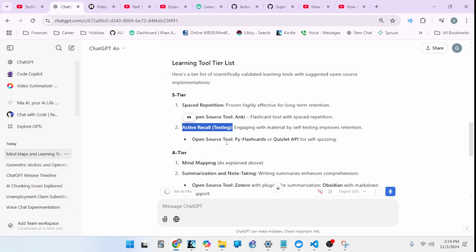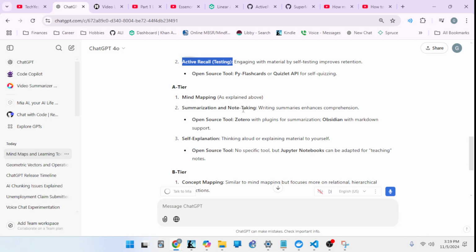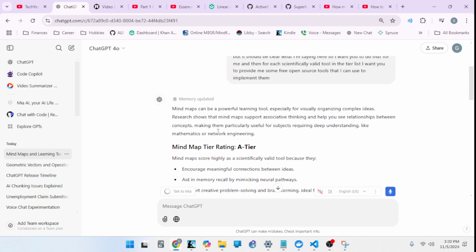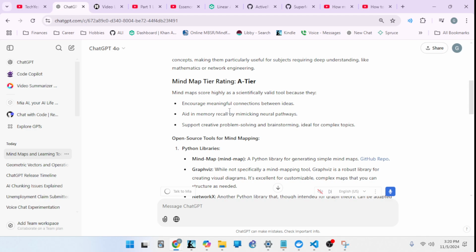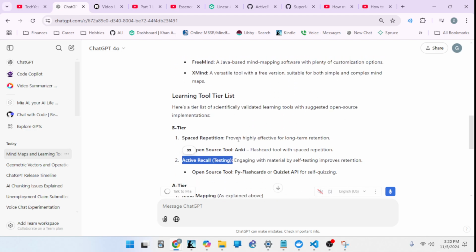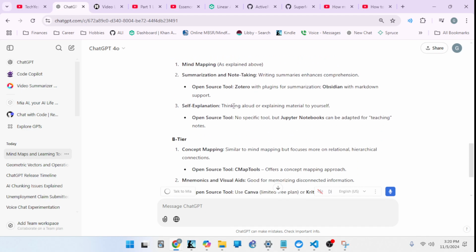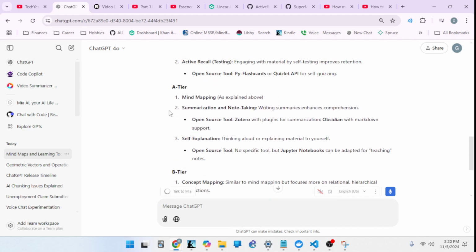So on the A tier we do have mind mapping, which can encourage meaningful connections. It can aid in memory recall, and it can make you more creative and effective at brainstorming because all of the related ideas should be there as well, not just the main ideas.